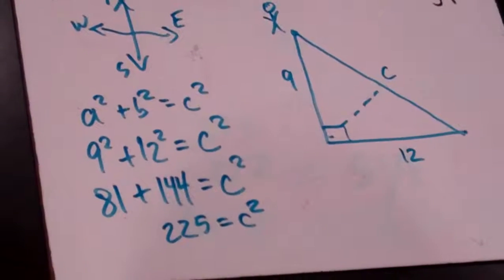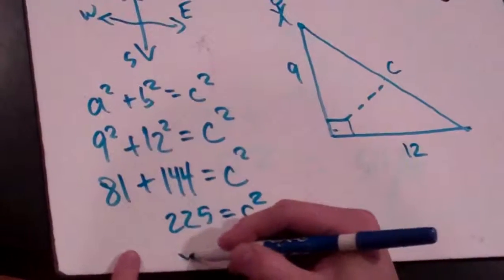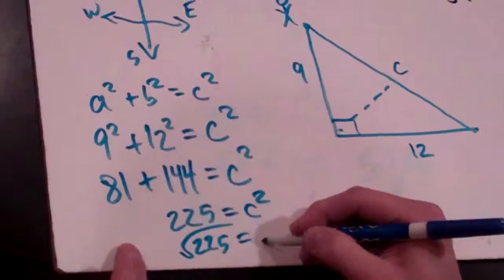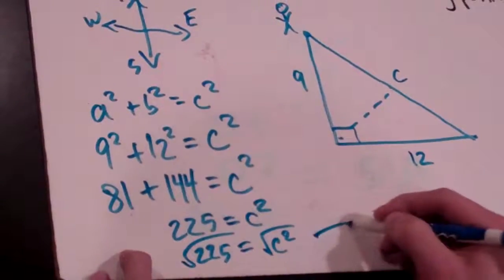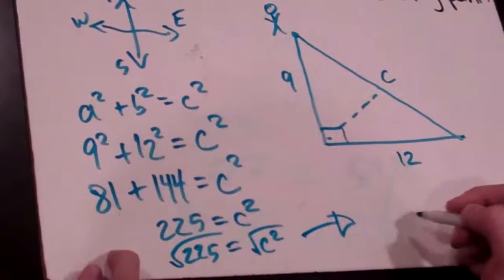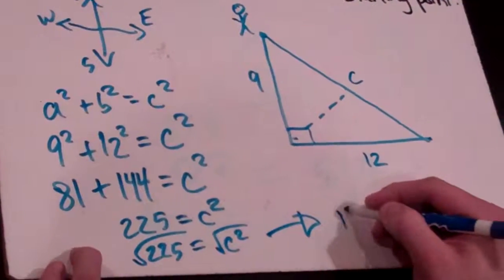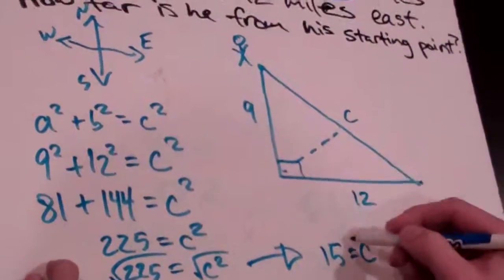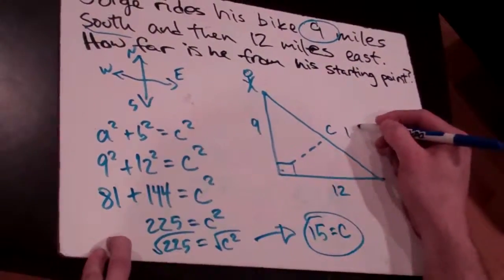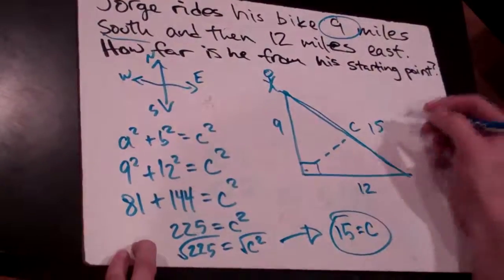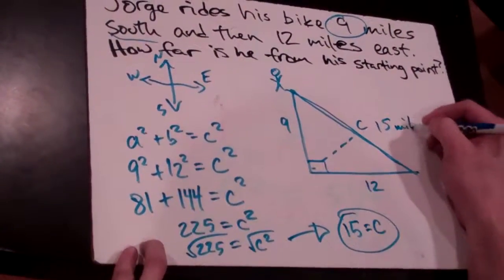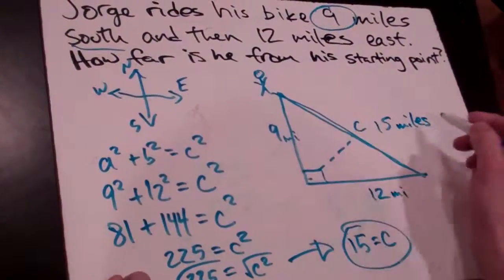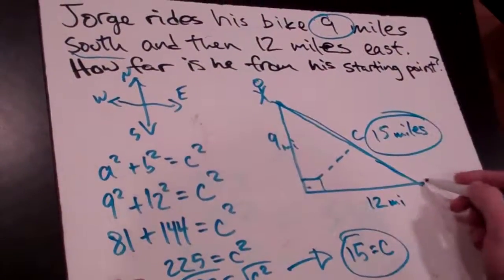And our last step is to take the square root of both sides. So I take the square root of 225. That's going to be equal to the square root of c squared. And that's going to get me c is equal to 15. So that's my answer. I know Jorge is 15 miles, forgot our labels here, 15 miles from his original starting point.